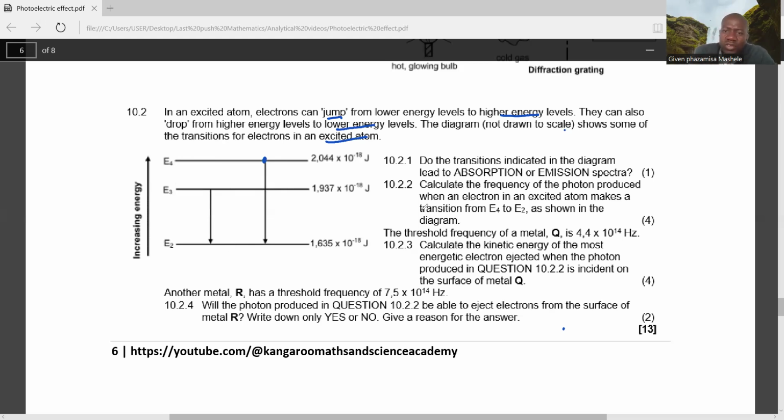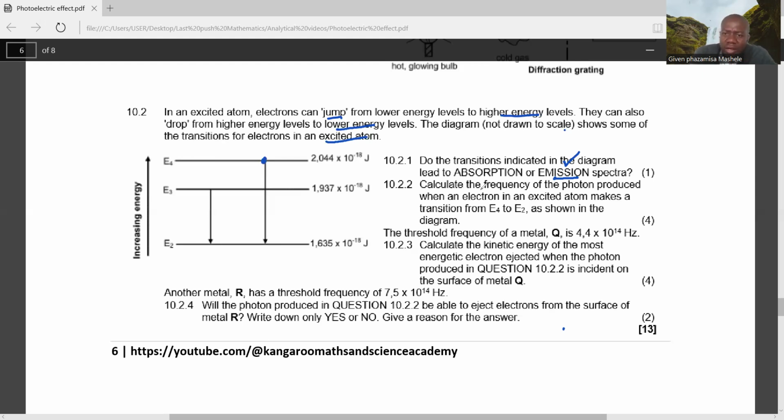Then, do the transitions indicated in the diagram lead to absorption or emission? The answer is emission, because emission has to do with a transition from a higher energy level to a lower energy level.